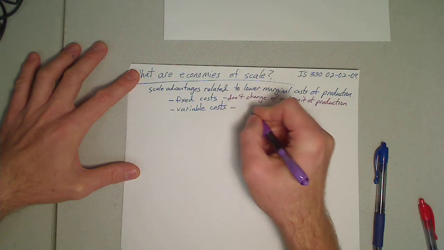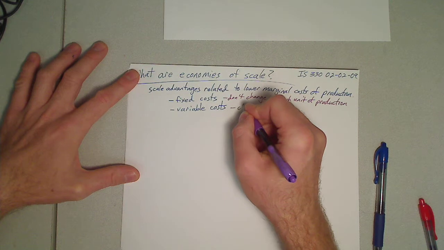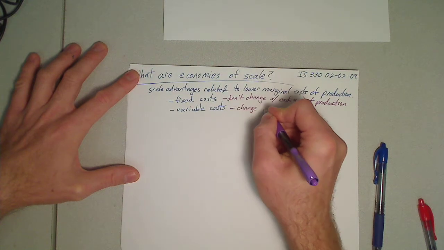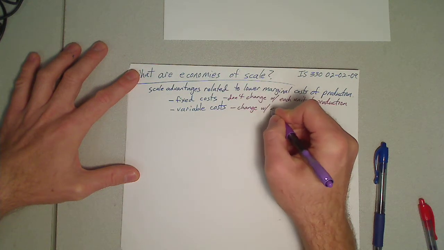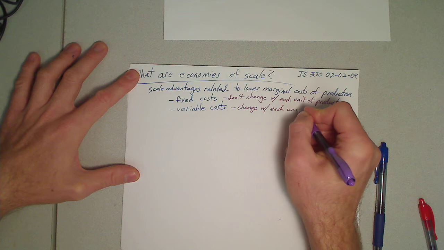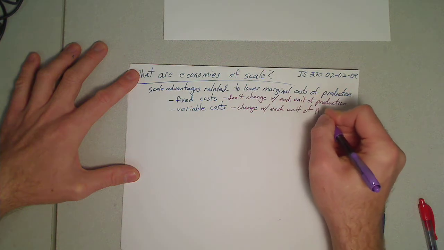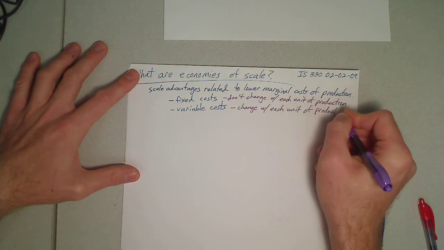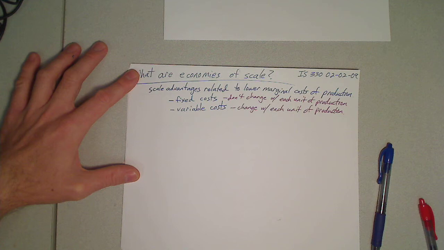Variable costs are those that do change with each unit of production. Okay. So it looks something like this.